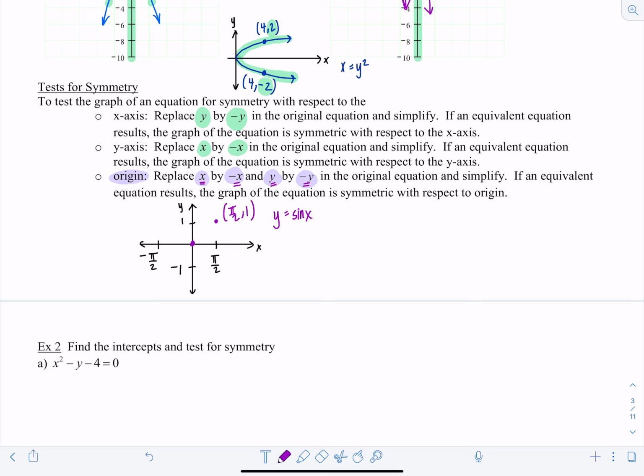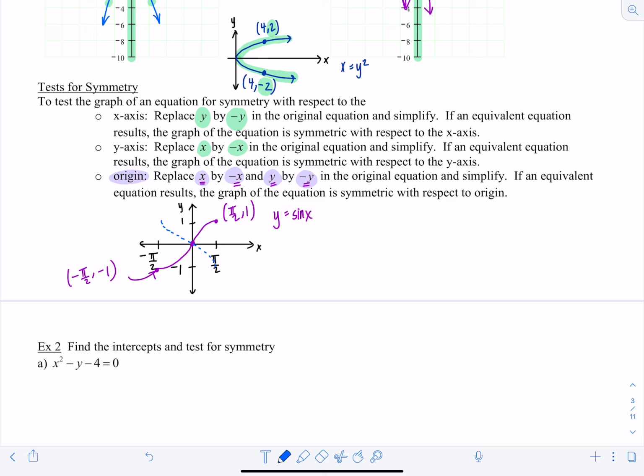Meaning if (pi over 2, 1) is on the graph, then so should (negative pi over 2, negative 1) be on the graph. And this is what symmetry with respect to the origin looks like. Basically, it's a double fold. You fold the graph about the x-axis, so if I reflect it over the x-axis, you get this kind of image. And then you reflect it over the y-axis, and then you get your symmetry, if you can see.